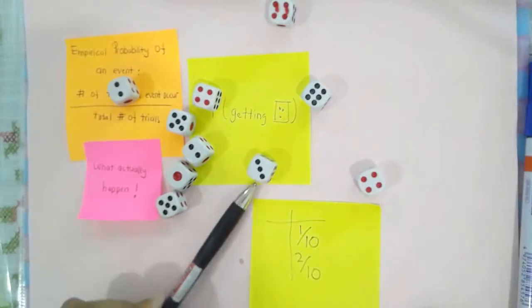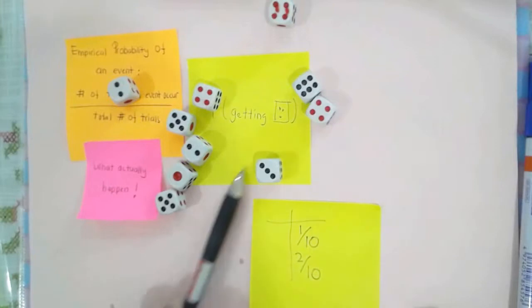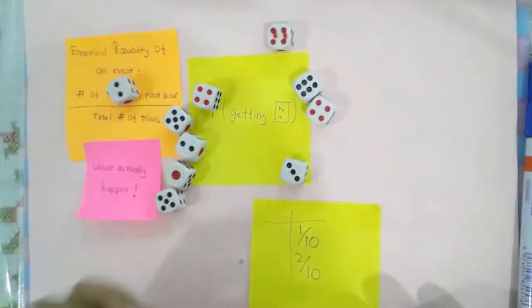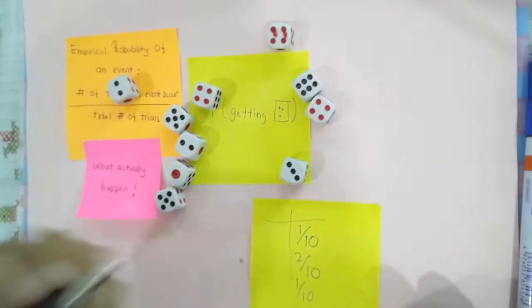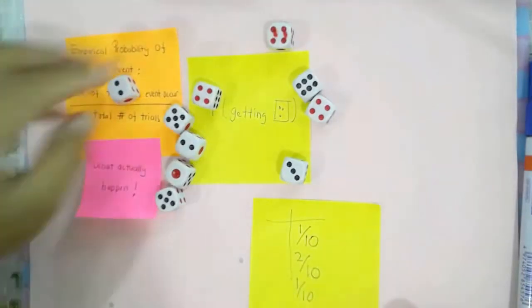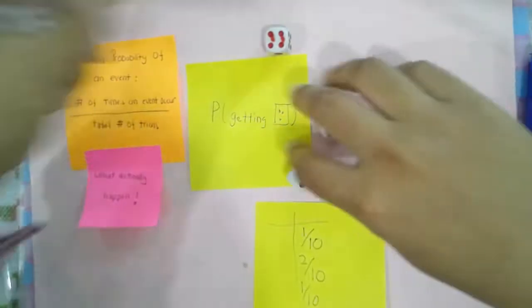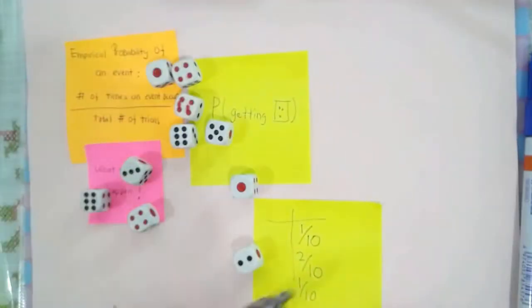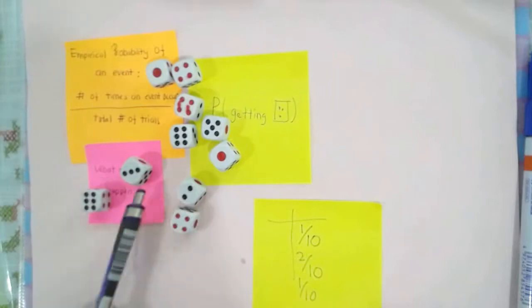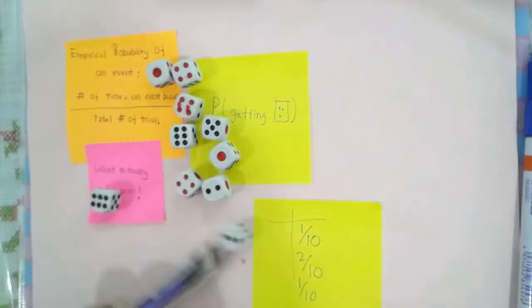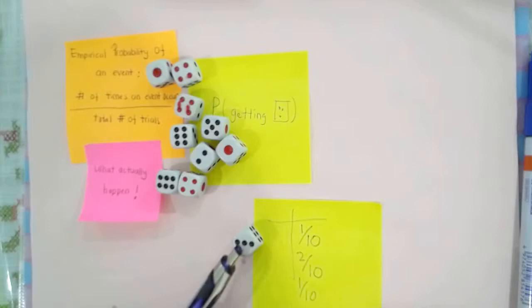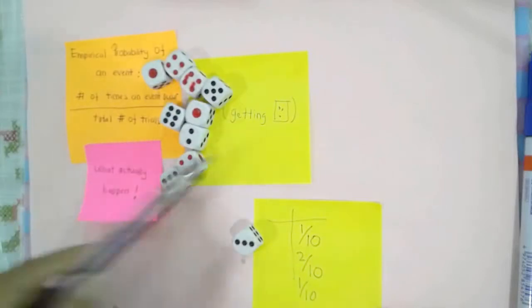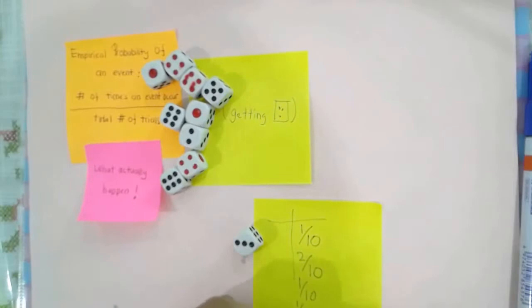How many 3s occur in these 10 trials? Yes, only 1. So 1 over 10. And we repeat for another time. I think we get the same result here, 1 over 10. One event of interest, which is getting 3, from 10 trials. So you have 1 over 10.